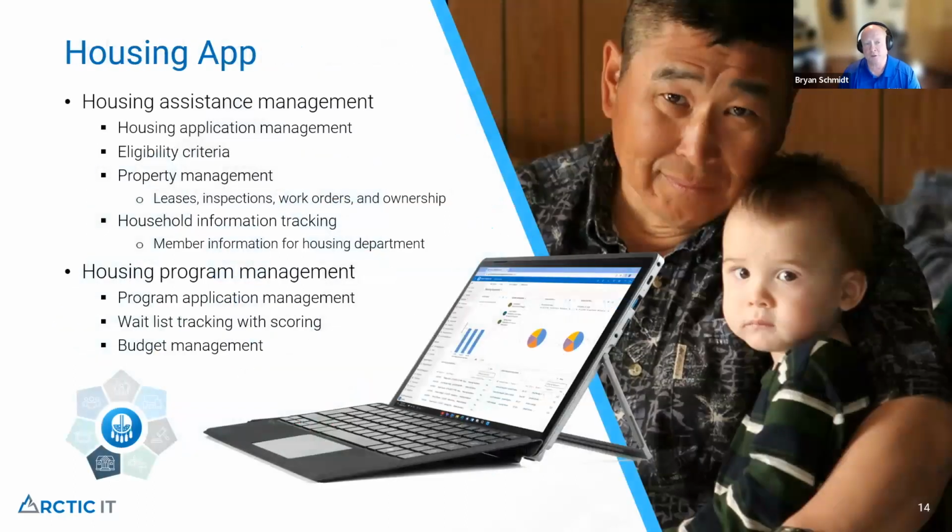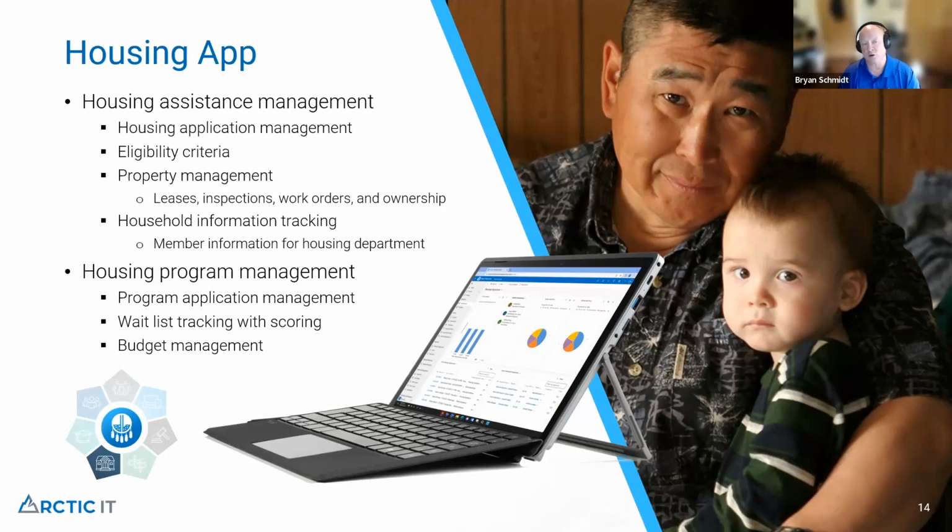So the app itself, like I mentioned, is for managing the assistance, whether it be tenant-based rental assistance, income-based assistance, but it's using it to manage the eligibility criteria for each of those programs, make sure that the people that are applying meet the criteria, and if they don't, you can auto deny those applications.